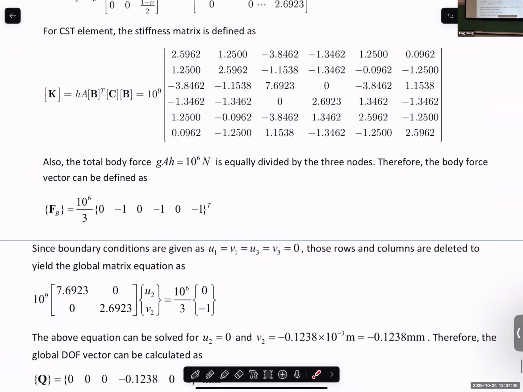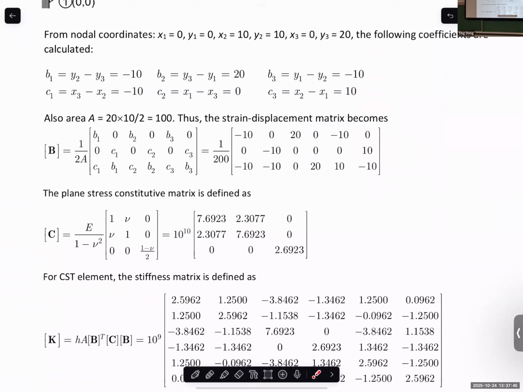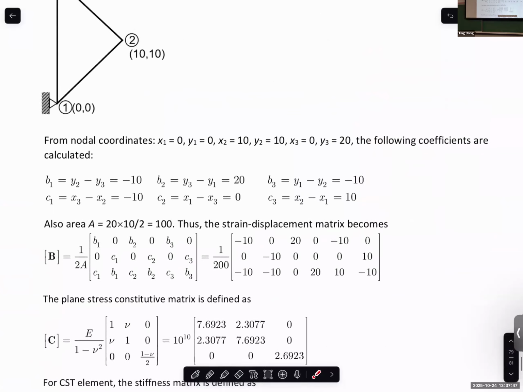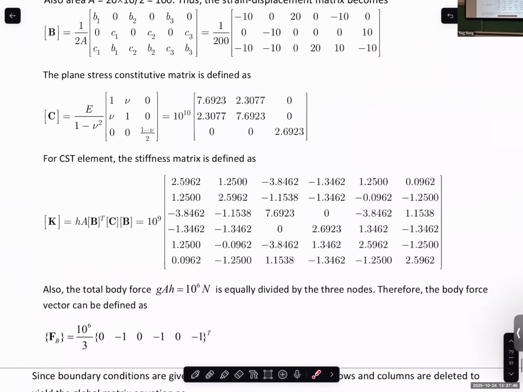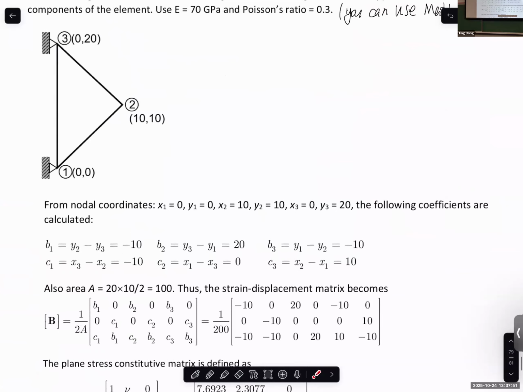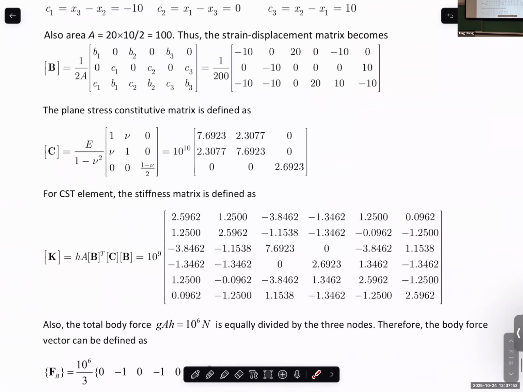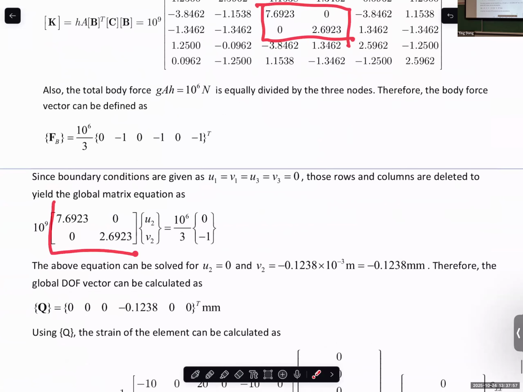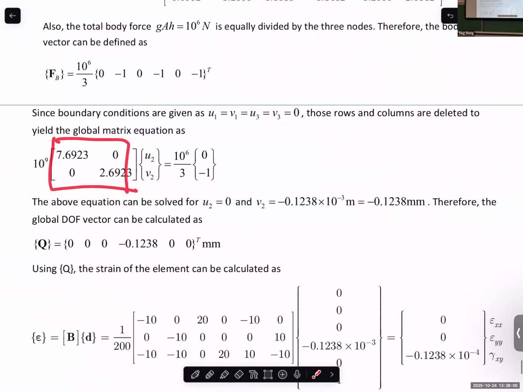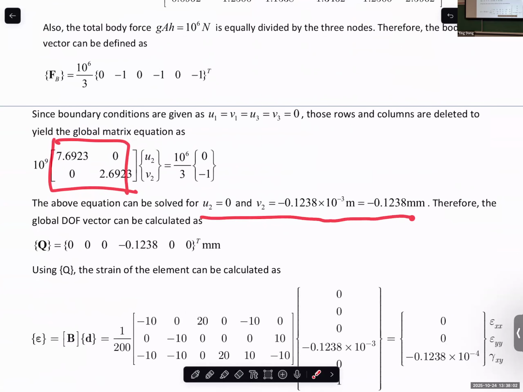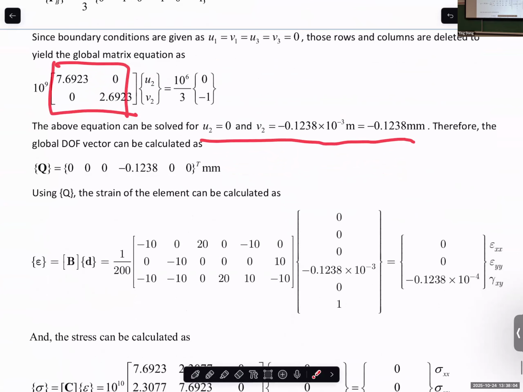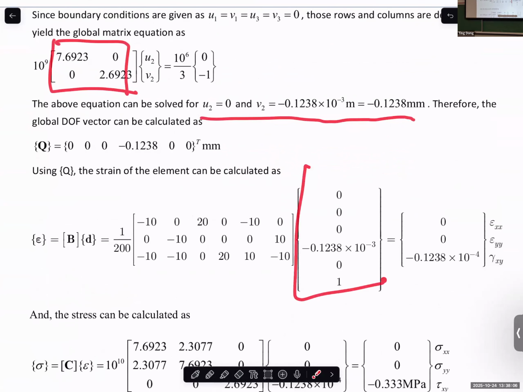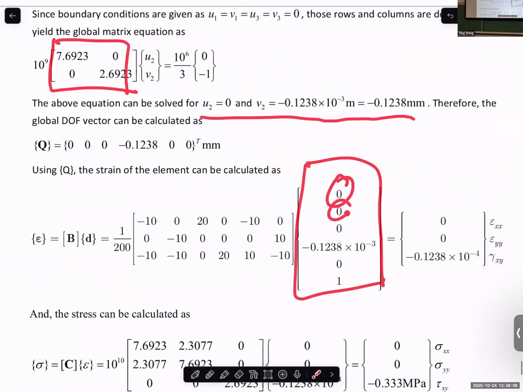And of course, I got this from the solution manual. So 1 to 2 to 3, of course, everything related to 1 and 3 is gone. So we only need these 2x2 components for our calculation. And we solve for the unknown degrees of freedom, U2 and V2. And for the strain components, U1, V1, U2, V2, U3, V3.